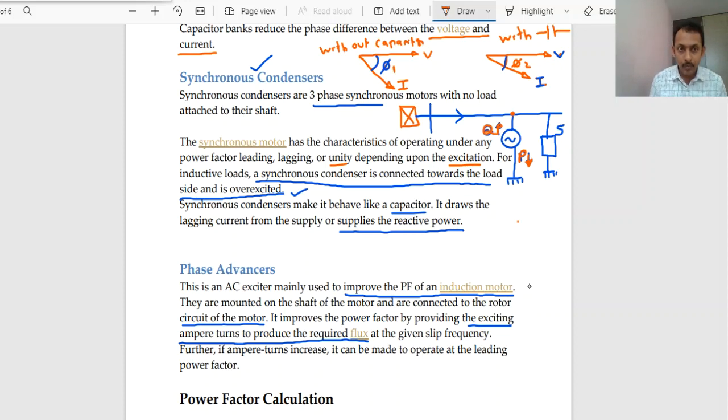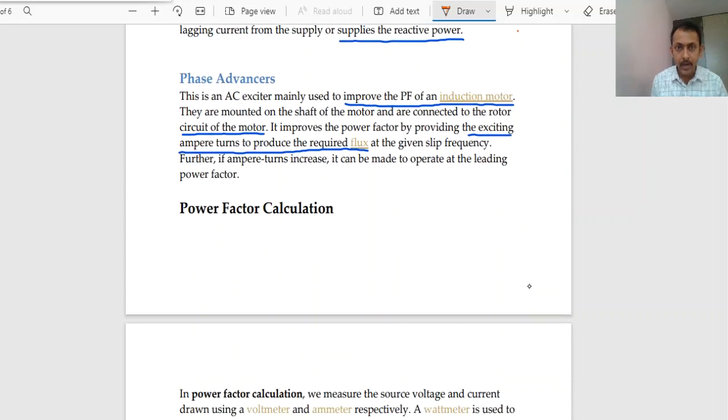Next, with the help of phase advancers we can also improve the power factor. This is nothing but an AC exciter, mainly used to improve the power factor of induction motors. They are mounted on the shaft of the motor and connected to the rotor circuit of the motor, that is, if you have a stator and a rotor, these are connected on the rotor shaft.